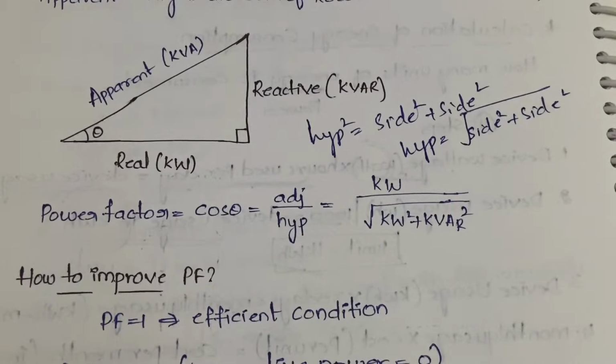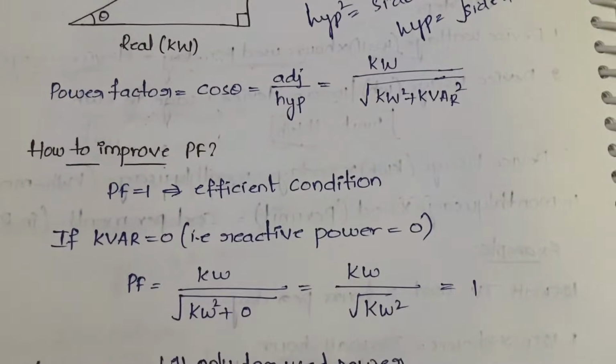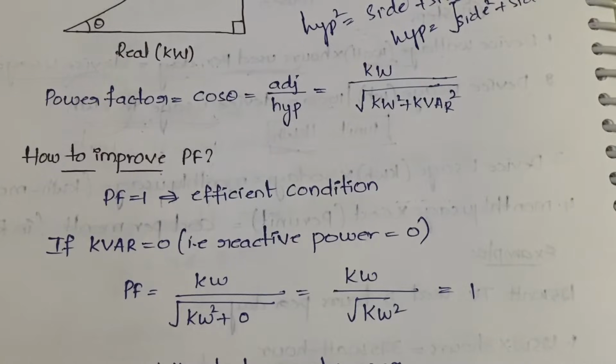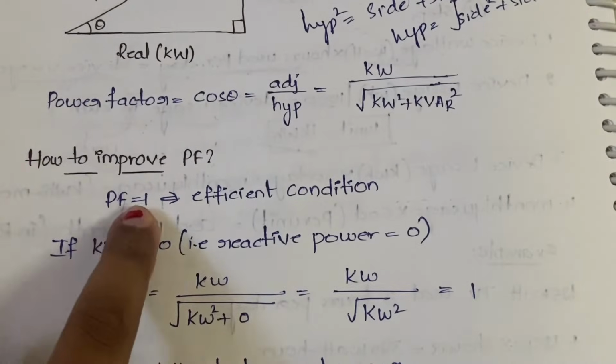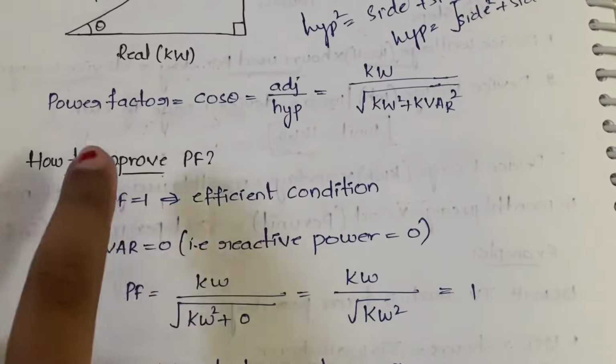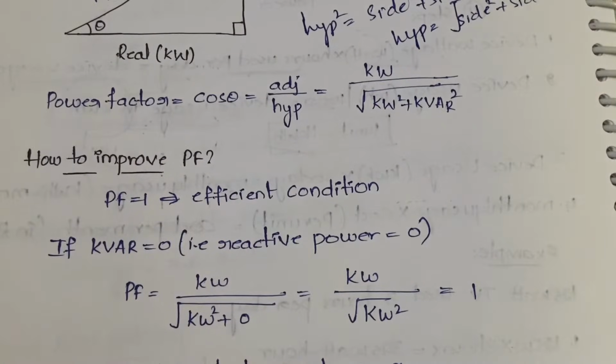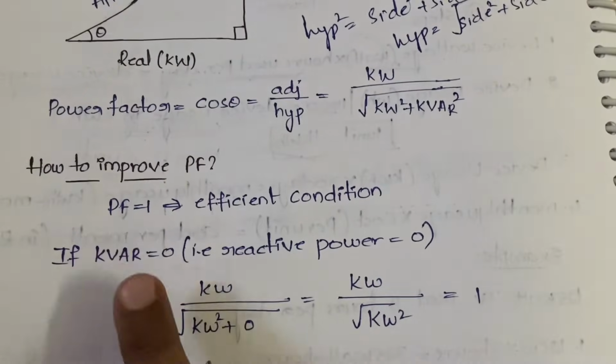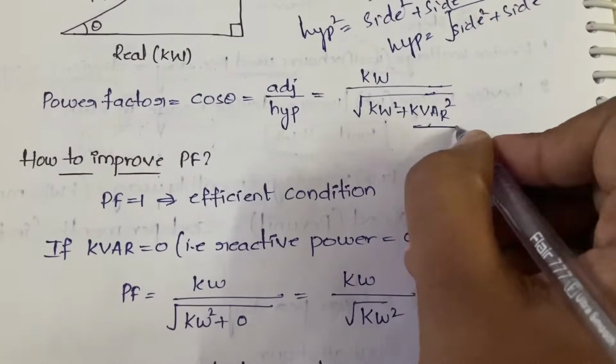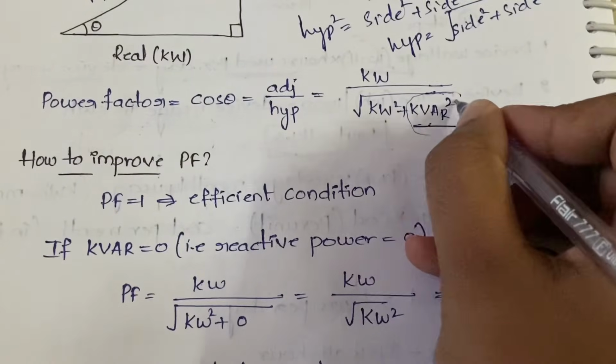Then how to improve the power factor and why we have to improve the power factor, I'll tell you now. Before that, what do you mean by an efficient power factor? If the value is equal to 1, then it is said to be efficient, that is the power factor is good. So how to make it 1? By making this kVAR 0, that is you will be making the reactive component 0.